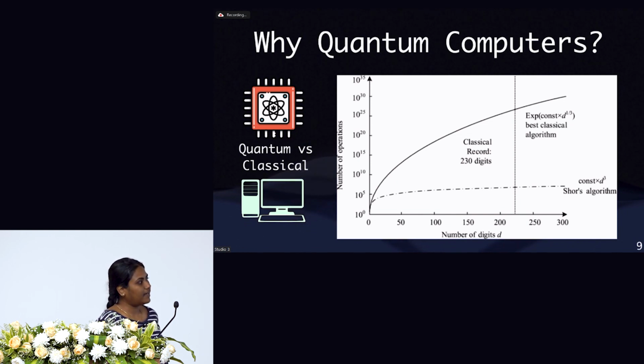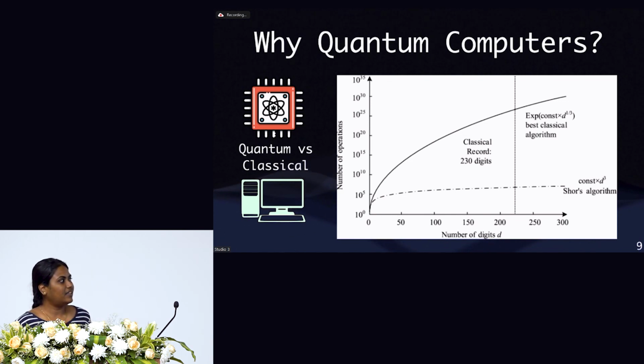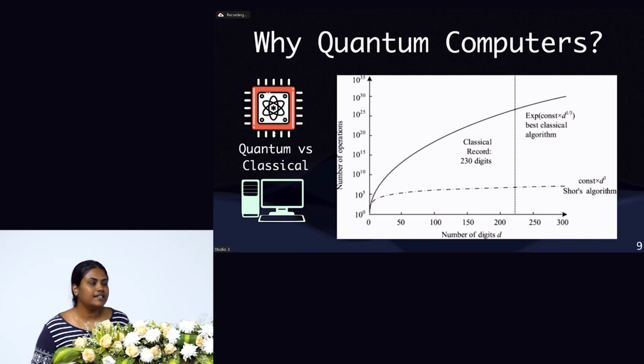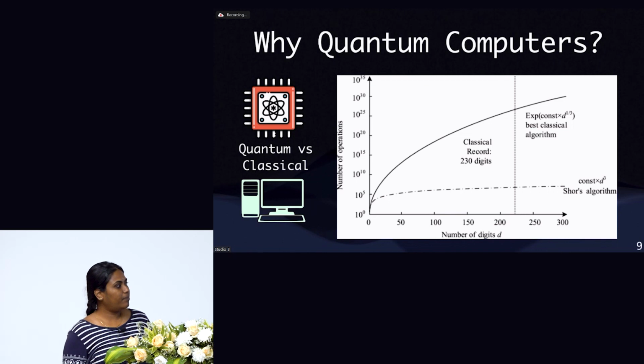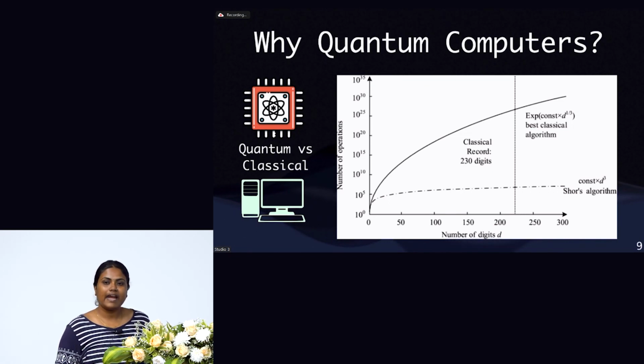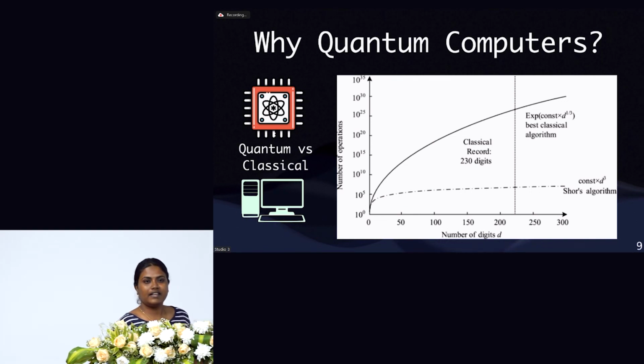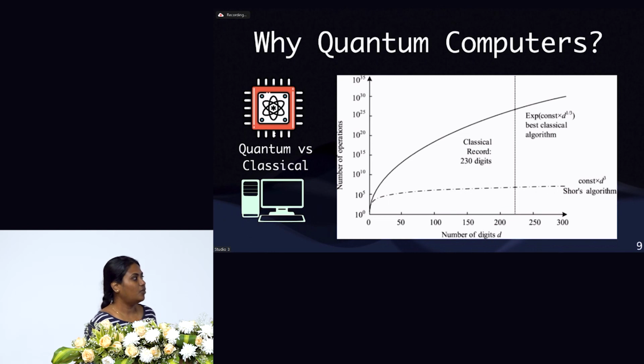When performed on a quantum computer using Shor's algorithm, a very theoretical algorithm, it takes polynomial time. As you can see from this graph, quantum computers achieve an exponential speedup, and people working in algorithms know that prime factorization is believed to be an NP problem on classical computers. Quantum seems like it can solve it in polynomial time, which is a huge thing.